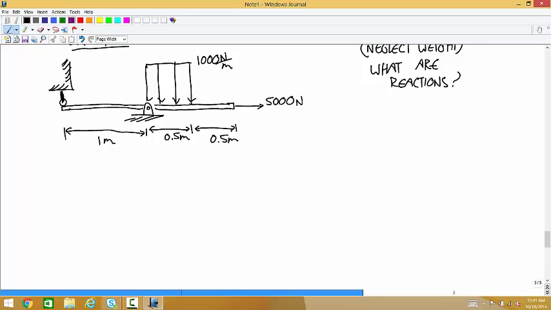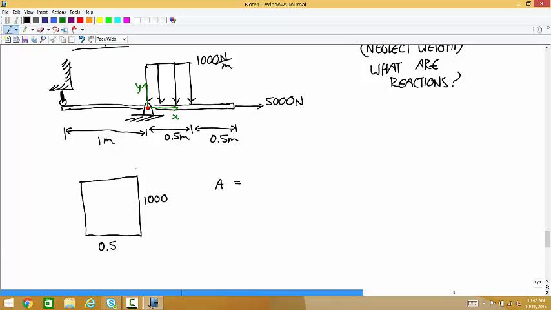So let's do the coordinate system here. So that's going to be our about point. The rectangle has a height of 1,000 and a width of 0.5.